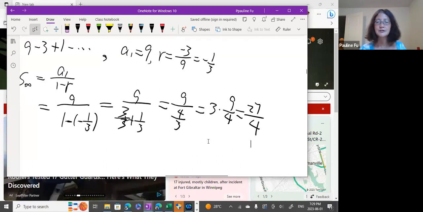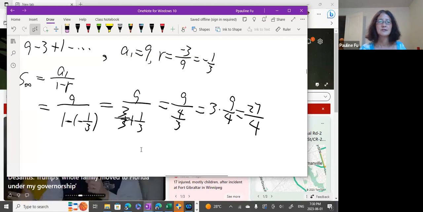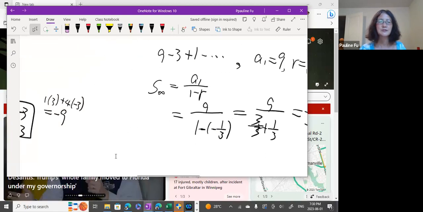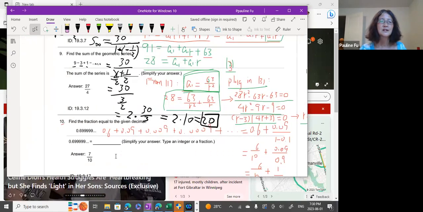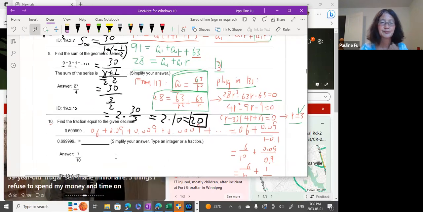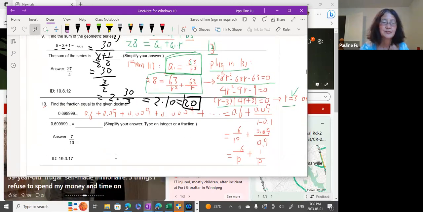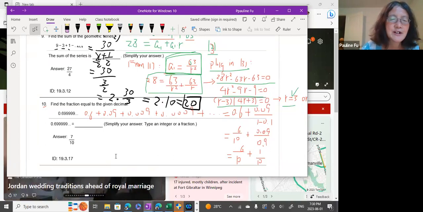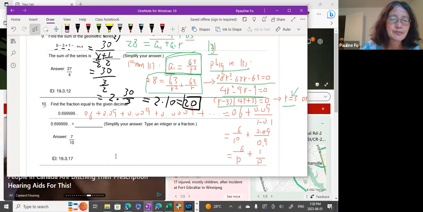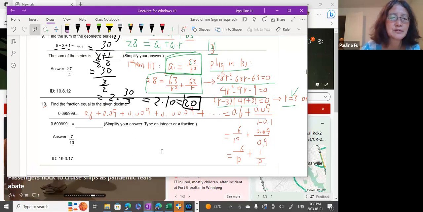Any questions? All right, shall we go to the next one? We did question 9. Question 10: find the fraction equal to the given decimal. Again, I will use a blank space to do this one.